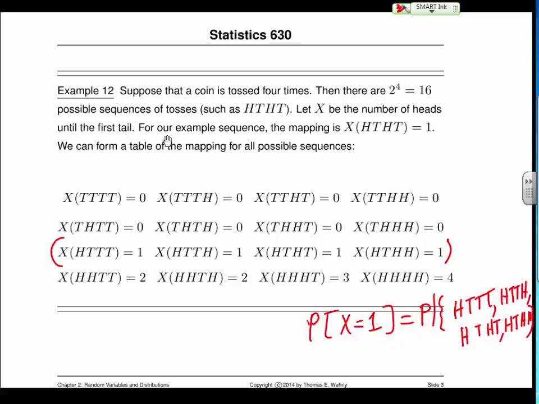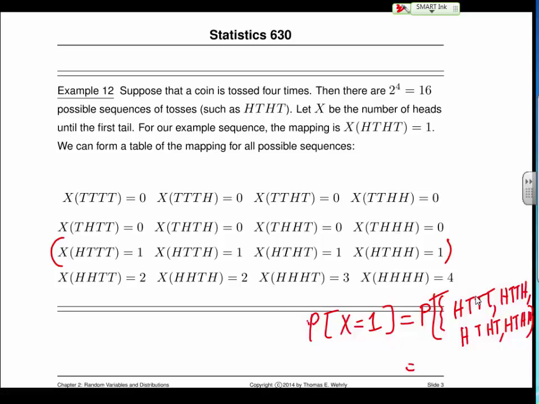Okay, so what our definition will do is say, well, what's the probability x equals 1? Well, it's going to be the probability of all the outcomes in the sample space for which x is equal to 1. And so I put that in my collection here.